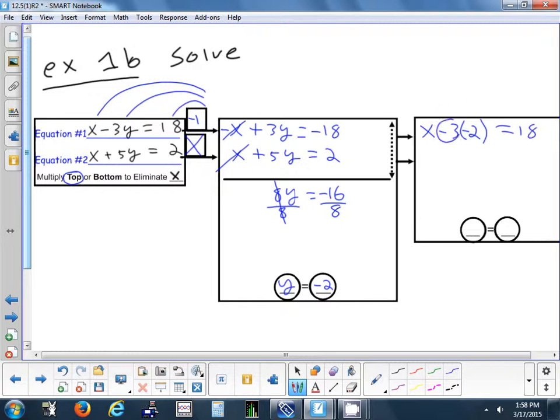Next, we've got to do negative 3 times negative 2. Positive 6. Negative times negative is positive 6. And you subtract 6 from both sides. And 18 minus 6? 12. Okay, very good.